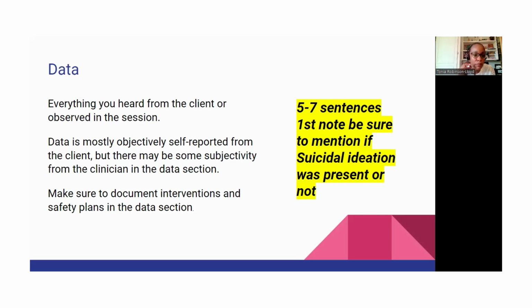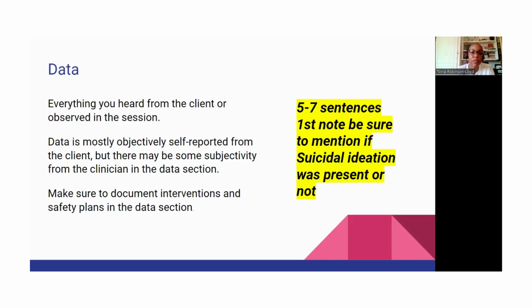So everything you heard from the client or observed in the session, everything relating to information that could help the clients move toward their goals, right? It's mostly objectively self-reported from the client, but there may be some subjectivity from the clinician in the data section.